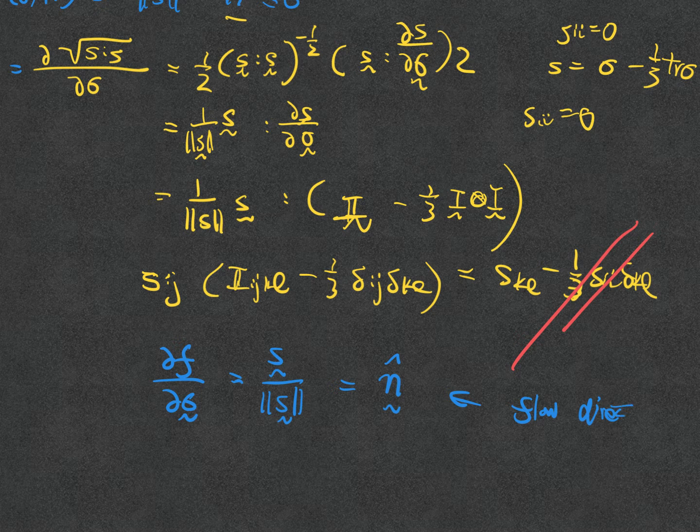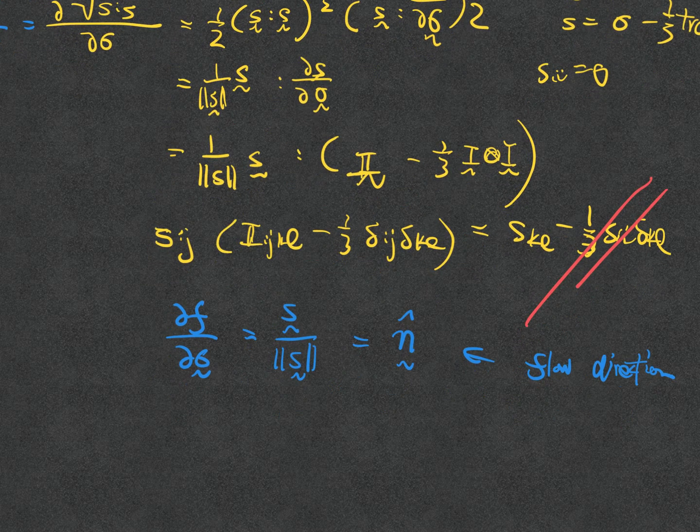Again, I did not use the plastic potential, so the stress gradient is already the direction. And as you can see for J2 plasticity, the volumetric stress doesn't play any role in the plastic deformation. Okay, the volumetric stress is assumed to remain elastic if the material is isotropic.